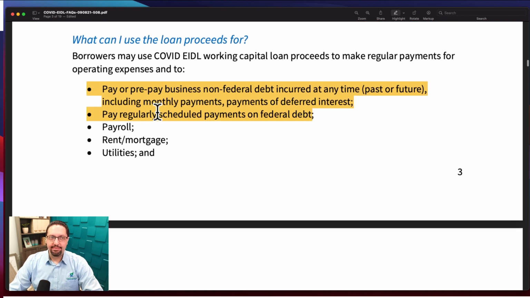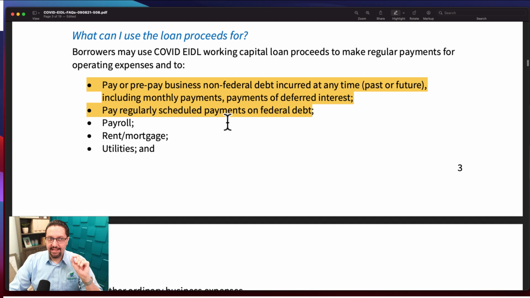Now, I think this is, other than the increase to $2 million, the most impactful change done to the EIDL loan program. And it is how you can use the loan funds. In the past, the EIDL loan funds were not supposed to be used to pay pre-existing business debt.